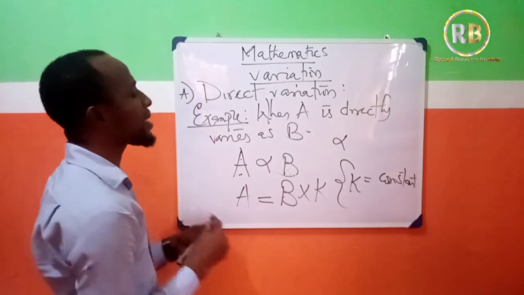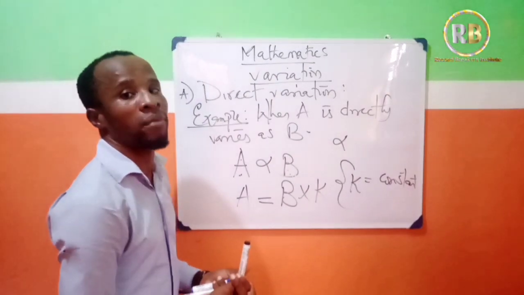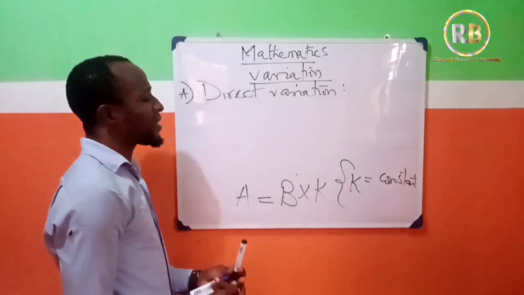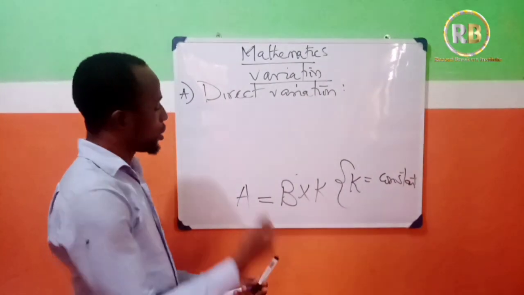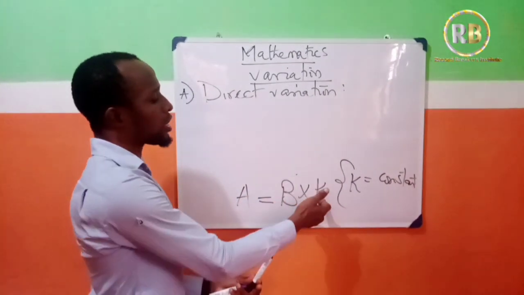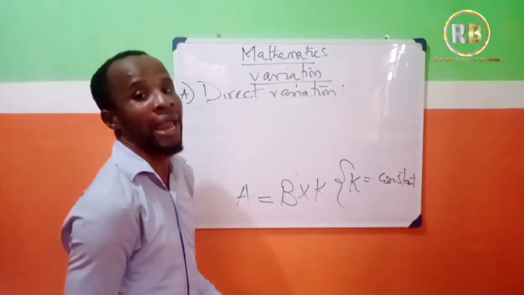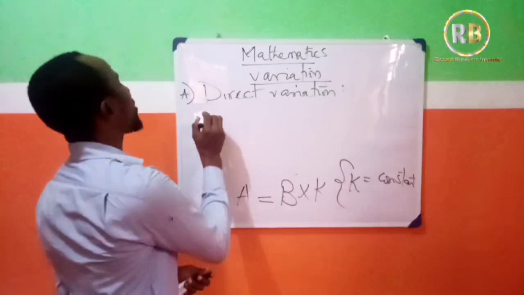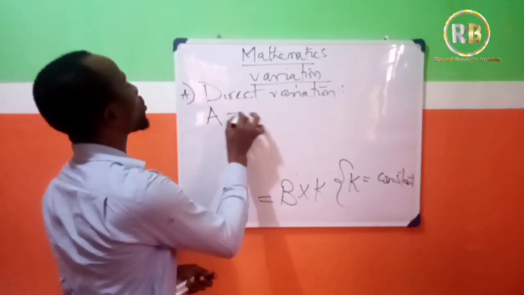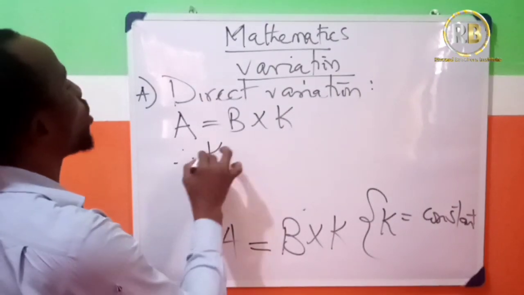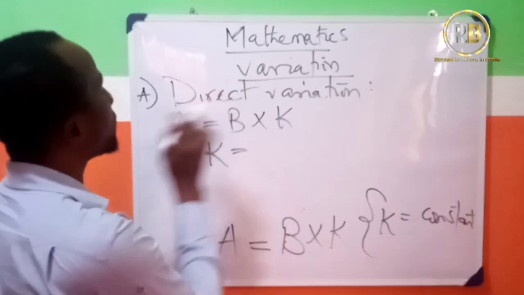Now, how do we make K the subject of the formula? As I was saying earlier, whenever there is a relationship between two variables and a third is introduced, which is the constant, we need to make the third the subject of the formula. Whenever you make the third, which is K, the subject of the formula, it means you have shown the relationship between both variables.